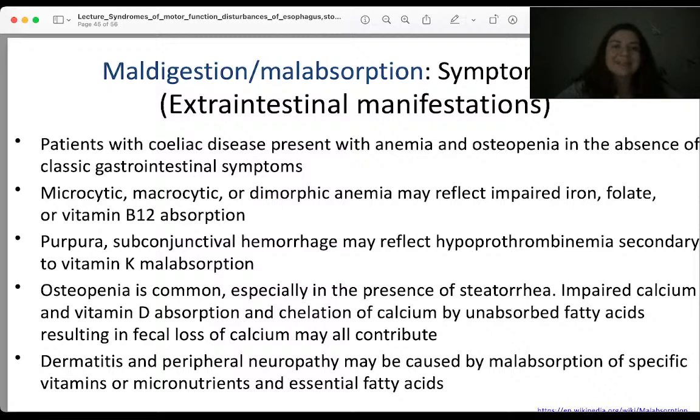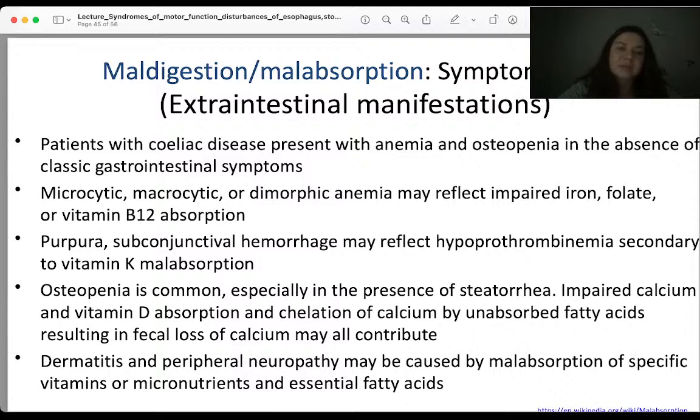Symptoms of extraintestinal manifestation of maldigestion and malabsorption include patients with celiac disease presenting with anemia and osteopenia in the absence of classic GI symptoms. It can be microcytic, macrocytic, or dimorphic anemia, which may reflect impaired iron, folate, or vitamin B12 absorption. Purpura and subconjunctival hemorrhage may reflect hypoprothrombinemia secondary to vitamin K malabsorption.